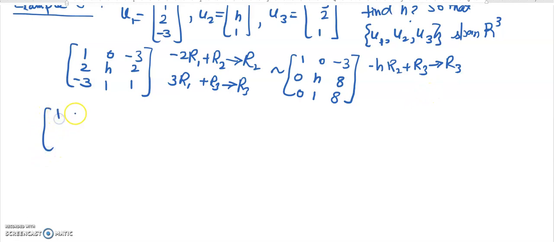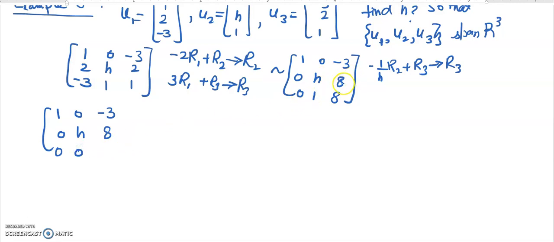Sorry, the row operation should be minus 1 over h. When h is multiplied by minus 1 over h, this will be minus 1, and minus 1 plus 1 is 0.